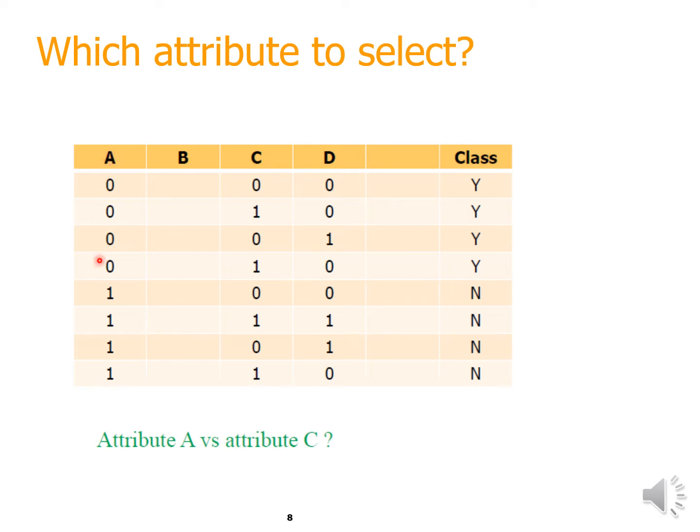If attribute A is 0, every class value is Y, and if attribute A is 1, the class value is N. So this is our goal. We're going to predict this.